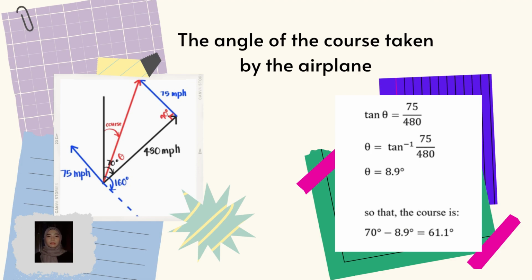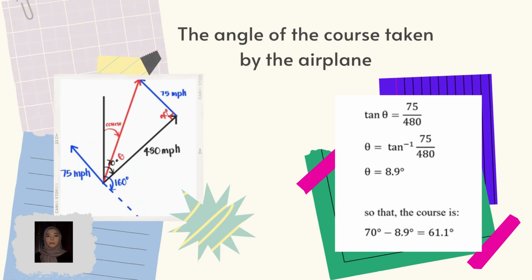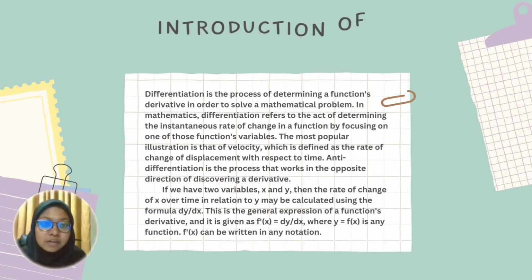That means the course is 70 degrees minus that. So 70 minus 8.9, and the course is approximately 61.1 degrees. So in the end, our course is 61.1 degrees from north, and our ground speed is 485.8 miles per hour.